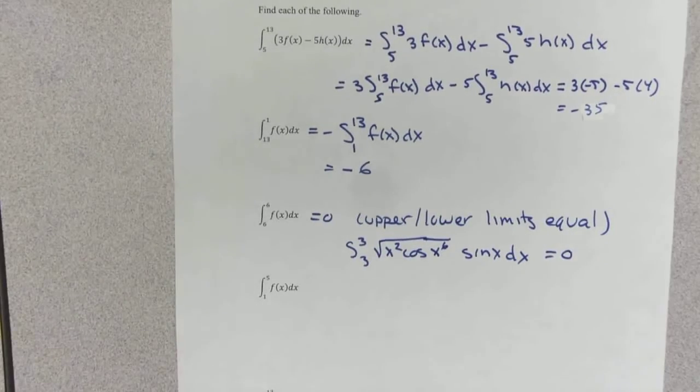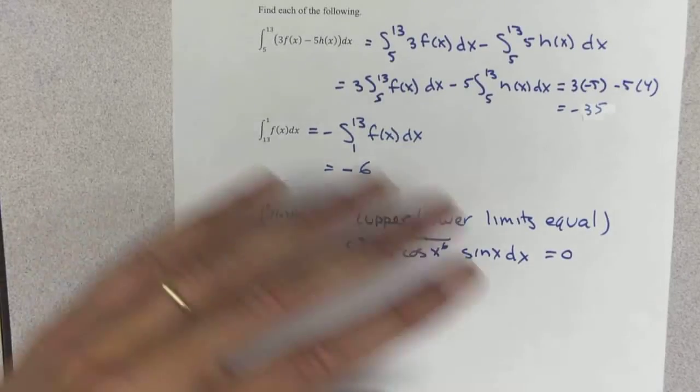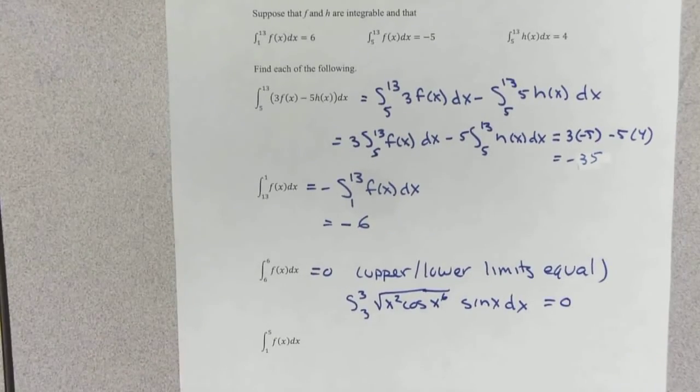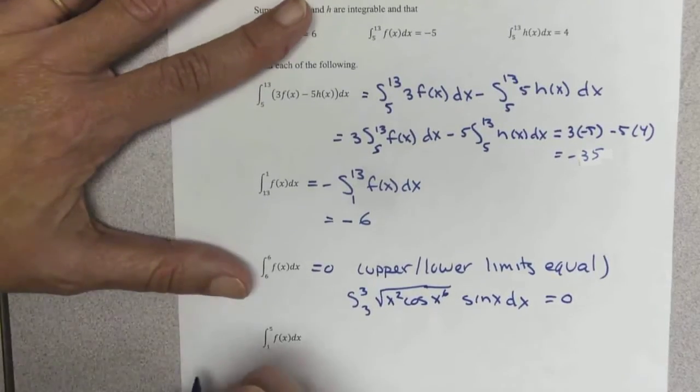Okay, next one. 1 to 5. I'm not given 1 to 5 up there for f of x. I'm given 1 to 13 and 5 to 13. I need to figure out 1 to 5. Well, we could do this.